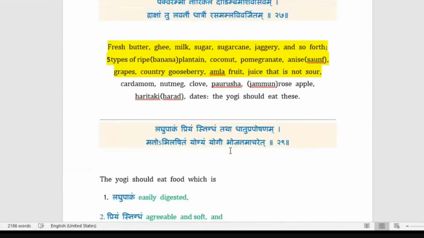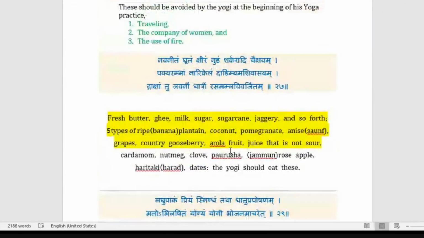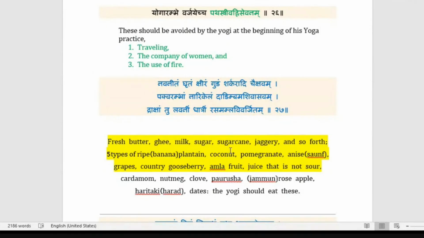Okay, I'll change the screen. Laghu pakam, for the yogi, is it good or bad? Good, ma'am. It is easily digested. Laghu pakam is good. Then duritam, is it good? Not good.